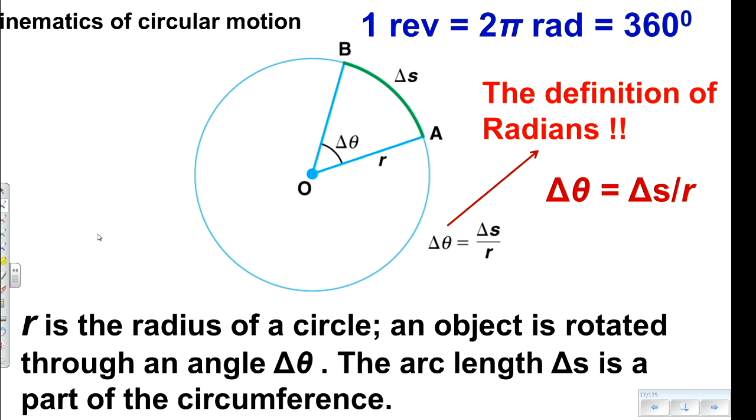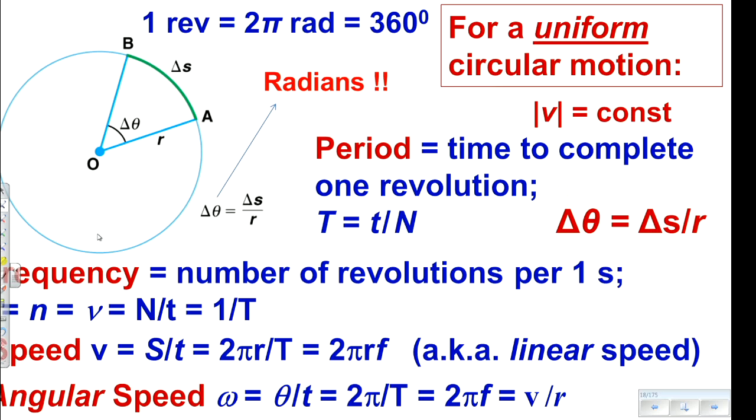But we also can do this. For example, speed is distance over time. Now, to describe the motion, we don't use distance, we use angle. So naturally, we introduce a variable, angle over time. And naturally, we call it angular speed or angular velocity.